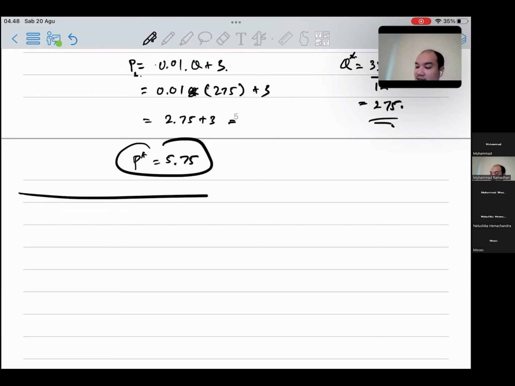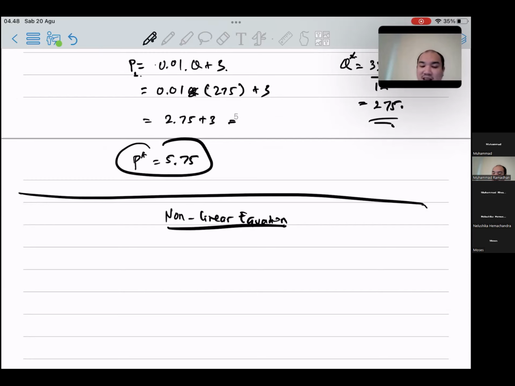Okay, for the remaining time, I would like to explain about nonlinear equation. It is just basic things about nonlinear equation. So nonlinear equation, if you have the power of x or y is not equal to 1, it is a nonlinear equation.